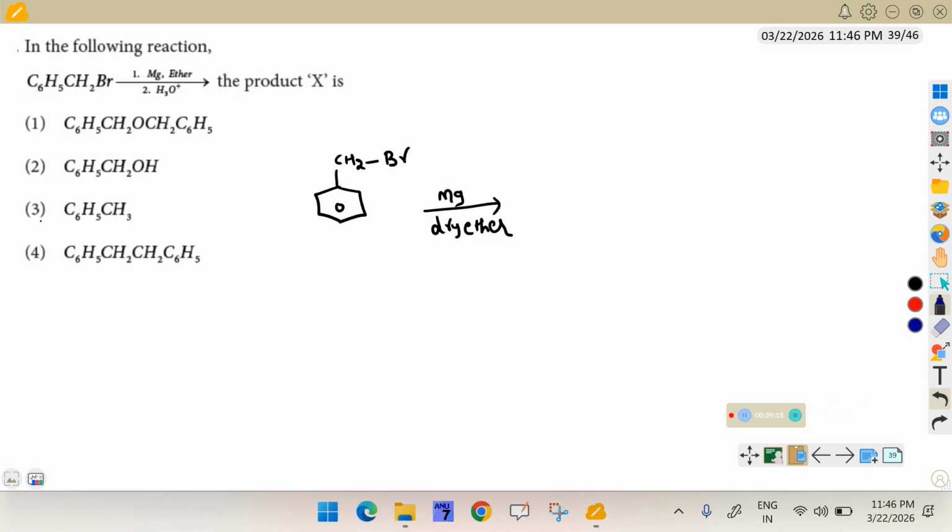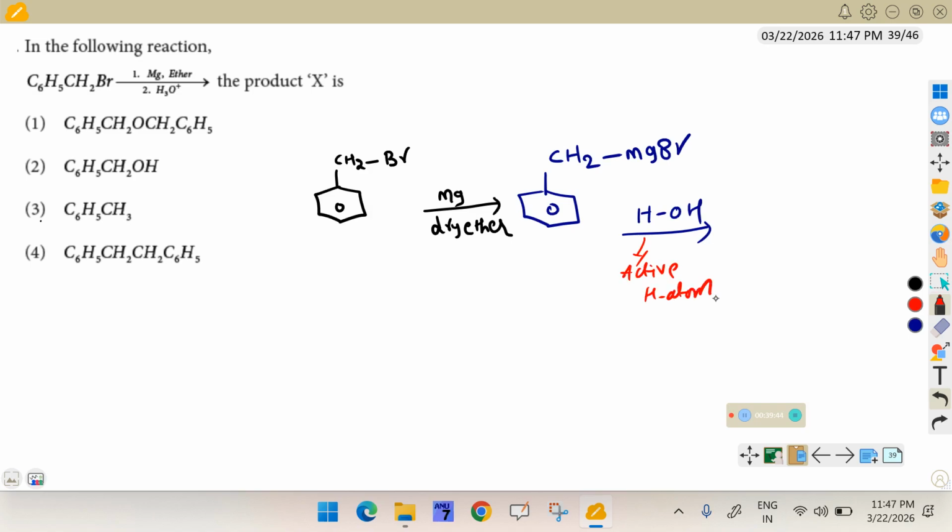In the following reaction, C6H5CH2Br reacts with magnesium, then it gives the Grignard reagent C6H5CH2MgBr. The Grignard reagent undergoes hydrolysis with HOH. H2O is an active hydrogen containing molecule. When a Grignard reagent reacts with active hydrogen containing atoms or molecules, it gives alkanes.